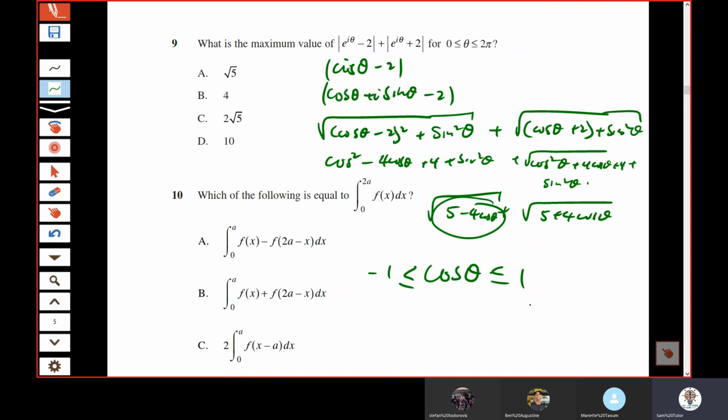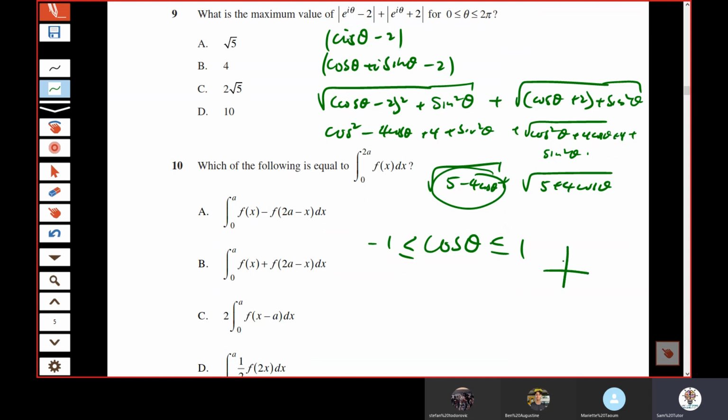Now we know that cos θ cannot be in the negative region, because that would mean you would have a negative value, which you can't square root.